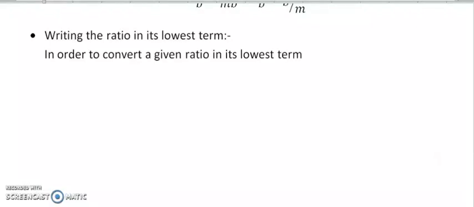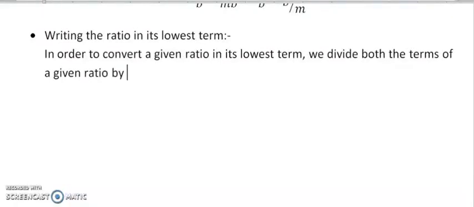In order to convert a given ratio to its lowest term, we divide both the terms of a given ratio by their HCF. Okay, by their HCF. Clear?